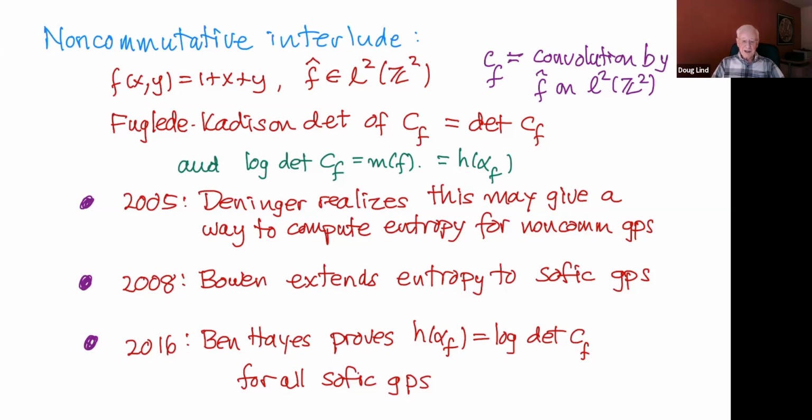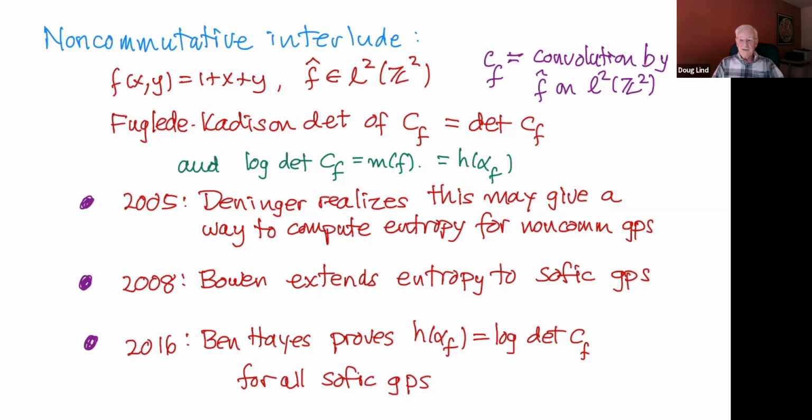Now, operators in this setting have something called the Fuglede-Kadison determinant. This is a generalization of essentially the absolute value of the determinant of a finite dimensional matrix. And it's essentially an exercise to prove in this case that the log of this determinant is the Mahler measure, and that's the entropy.